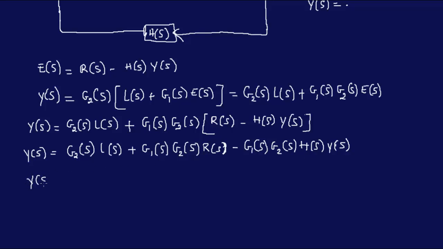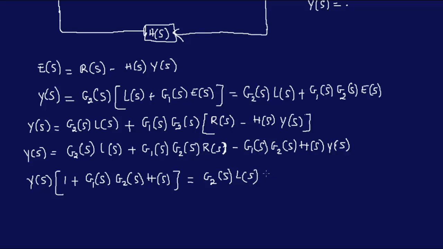So I have Y of S, you can take Y of S out, and if you bring it to the other side, it will be plus, and I have a 1 here, so it'll be 1 plus G1 of S, G2 of S, H of S. So that's our Y of S, and I have G2 of S, L of S, plus G1 of S, G2 of S, R of S.